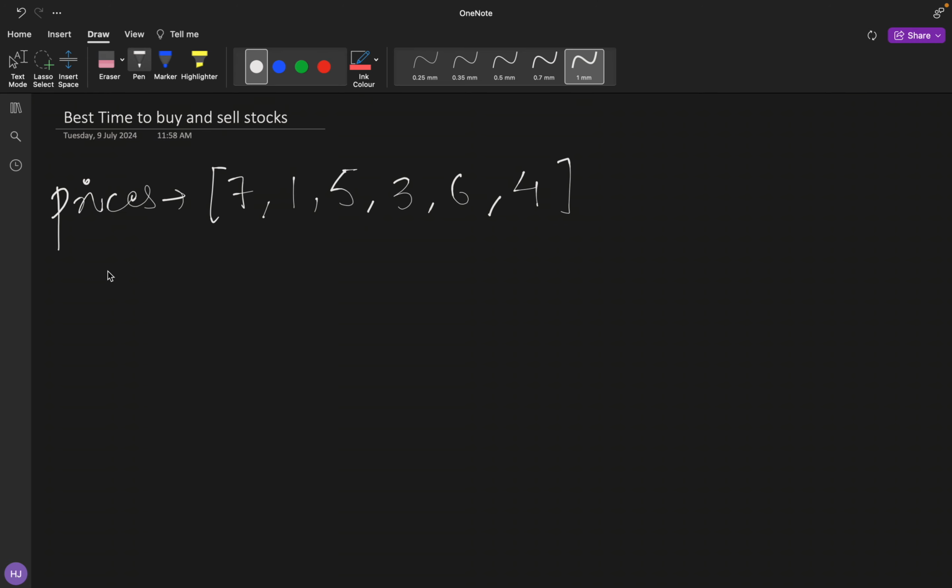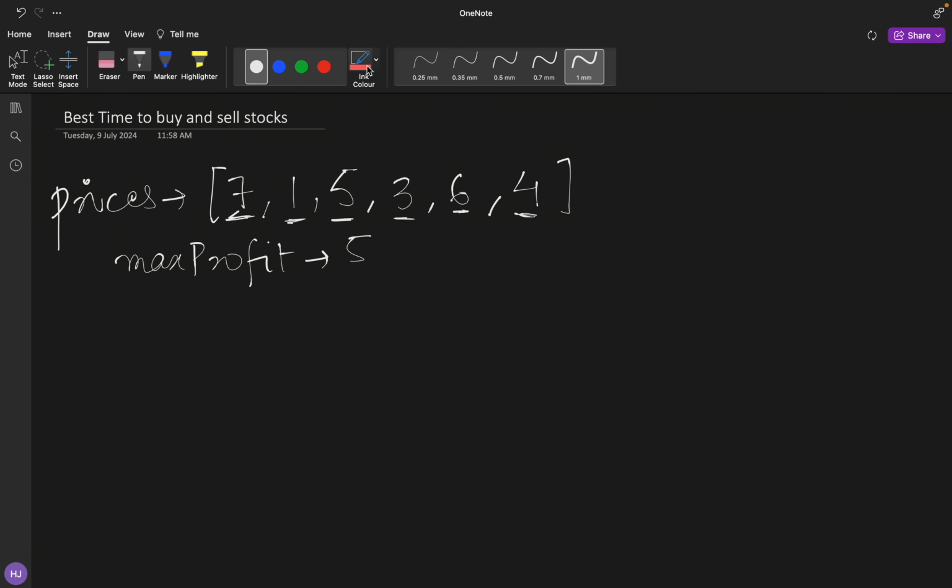We have to return the maximum profit that we can achieve, and the maximum profit is 5 in this case. Each value in this array represents the value of the stock on that day. That's what our question states.